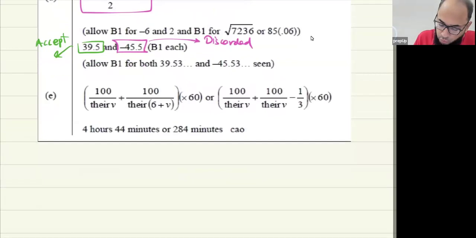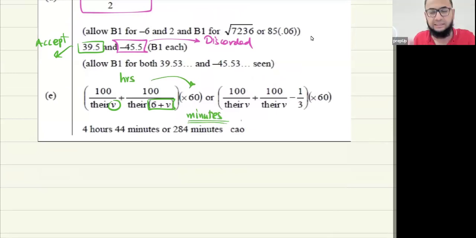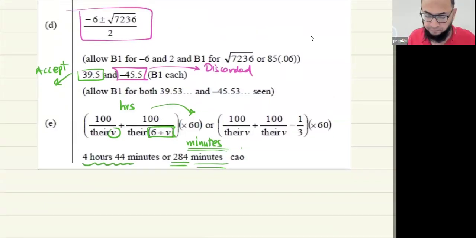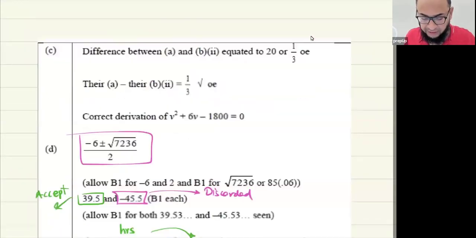And then 100 over V, 100 over 6 plus V. This will be in hours, so we multiply it with 60 to get it in minutes. That is the basic working done over here. You get the answer in 4 hours 44 minutes and convert everything into minutes. I hope this is all clear. So this is question number 3 that we did.